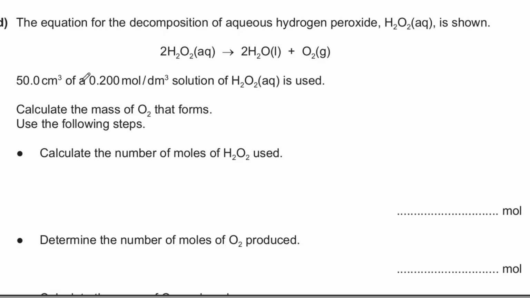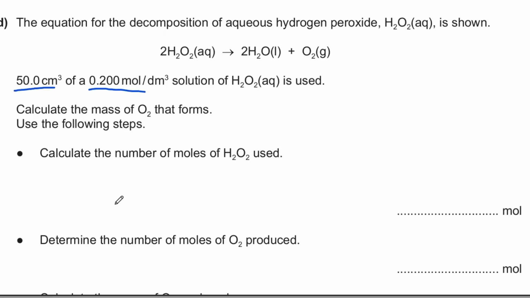We are given some information here. We are asked to calculate the mass of oxygen that forms using the following steps. First, calculate the number of moles of hydrogen peroxide used. So first thing you check what is given to you from the question about hydrogen peroxide. You are given the volume and you are given the concentration.